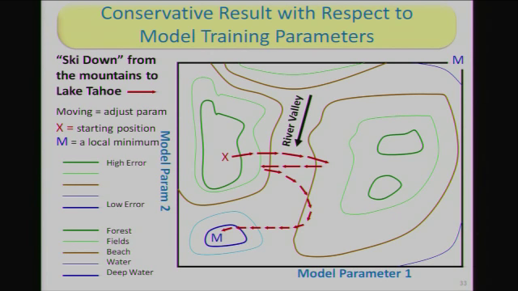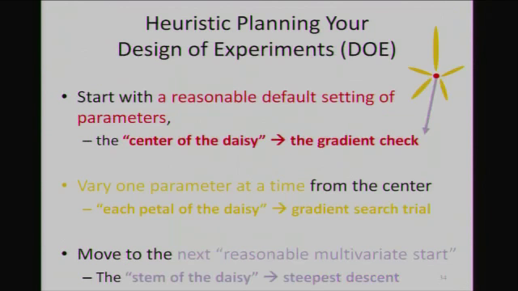So what I'm describing is a similar process, but it's actually fairly easy to do. What I describe is: start with a reasonable default setting of the parameters, this center of the daisy, and vary 1 parameter at a time from the center. That would be like each petal of the daisy. So I'll try 5 different settings where there's only one thing changing, and then I'll change all 5.